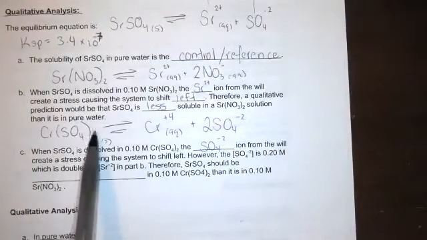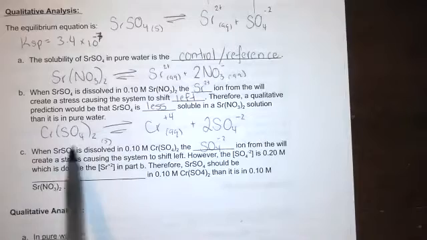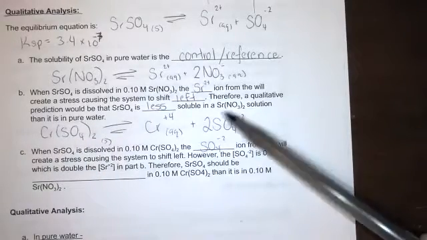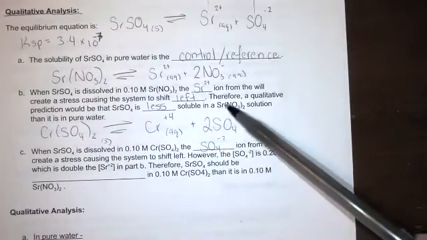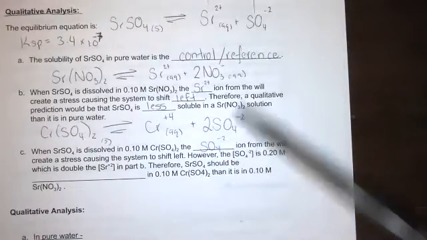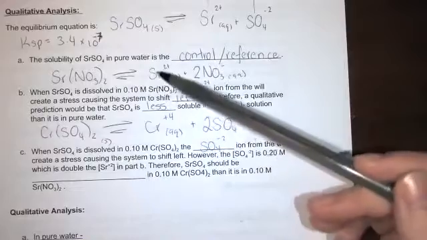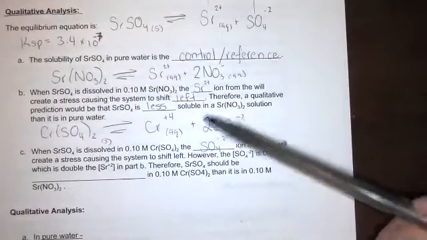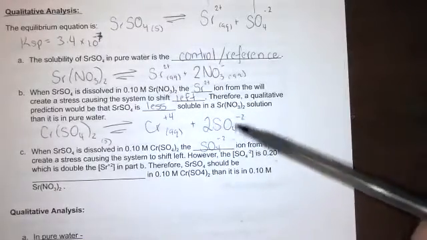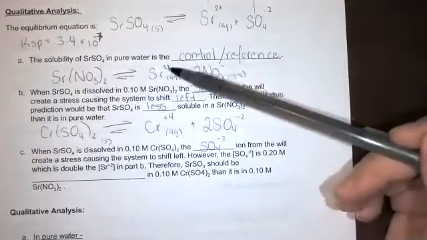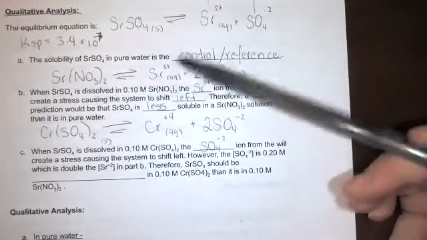However, looking at my coefficients here, if I have 0.1 molar chromium 4 sulfate, I am now adding 2 times that amount. So I'm adding 0.2 molar of my sulfate ion. So I'm adding more sulfate as a stress here, actually double the concentration than above in my strontium ions when I was adding those.